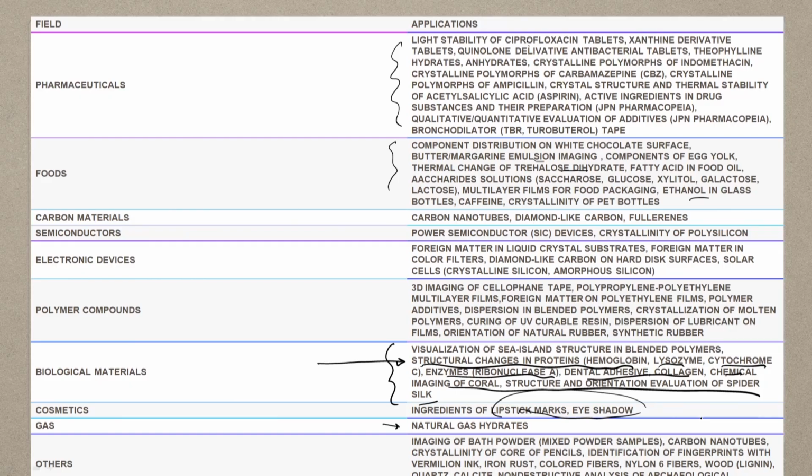And in terms of the applications, realize that they are used for structural changes in protein, hemoglobin, lysozyme, cytochrome, and all different kinds of viruses, spider silk, as well as your basic mulberry silk and all other different kinds of proteins. And they could be used for detection of a wide range of pharmaceutical agents, contaminations of foods, and mostly all different kinds of polymers and biopolymers which are being used.